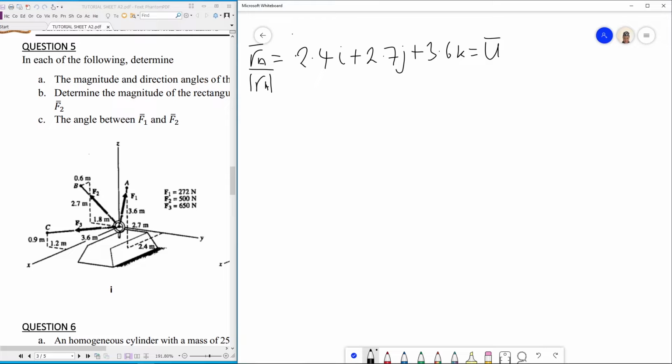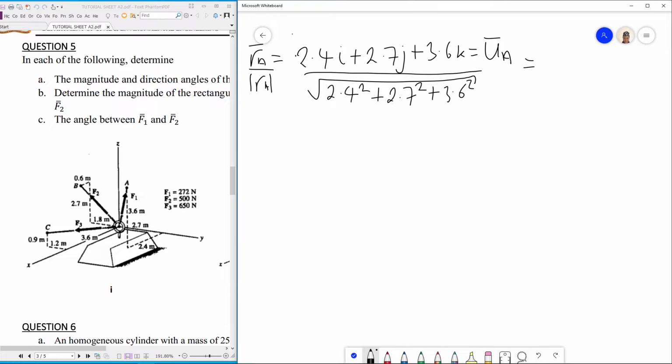This will be equal to the unit vector in the direction of A. So this will be over the magnitude of RA, which is the root of 2.4 squared plus 2.7 squared plus 3.6 squared.